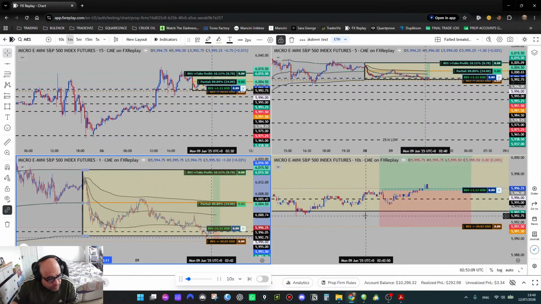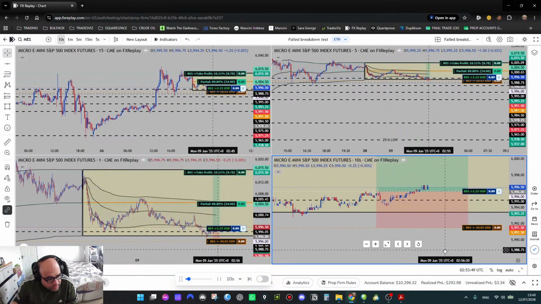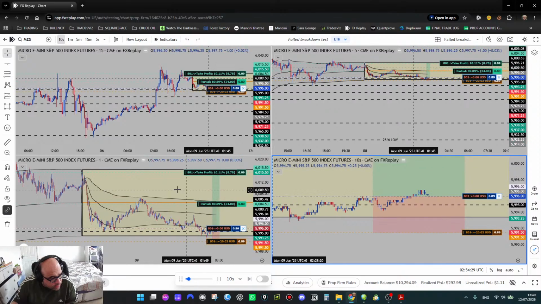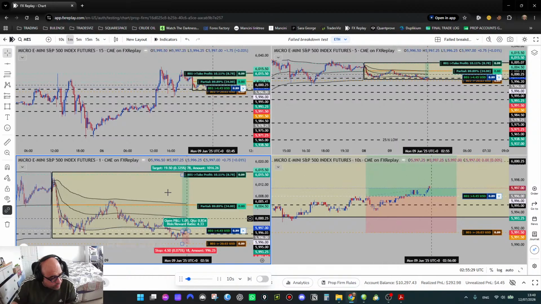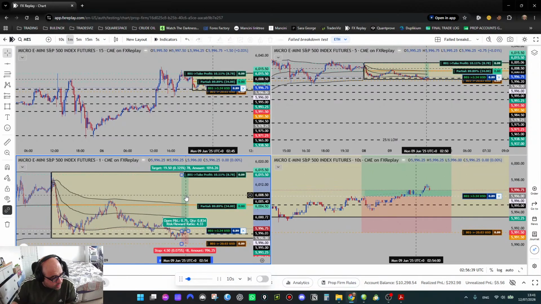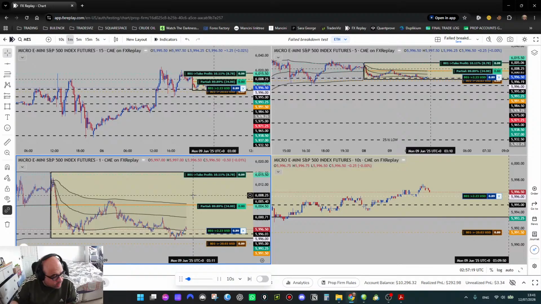Tighter stop loss because I want to have at least 2 R in this trade. This is a 1 minute chart. This one we don't need anymore, we can delete it now.